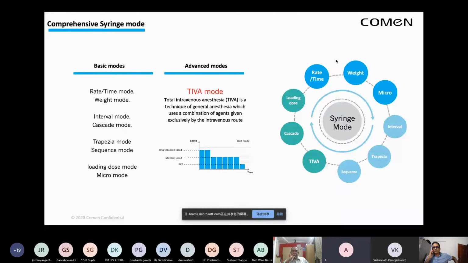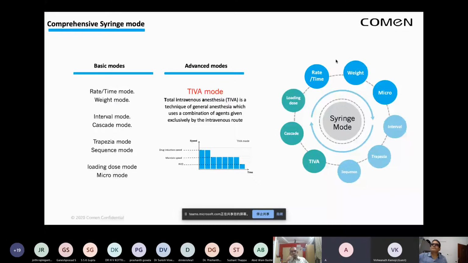And more comprehensive syringe functions. We are going to introduce the functions, which are about the syringe injection modes. For all syringe pumps, up to now we have 10 models to supply different demands. For example, the basic one is the rate time model, then the weight model, and for some advanced models, such as TIVA models, it is recently a new technology that supplies a comprehensive injection solution to meet clinical demands.